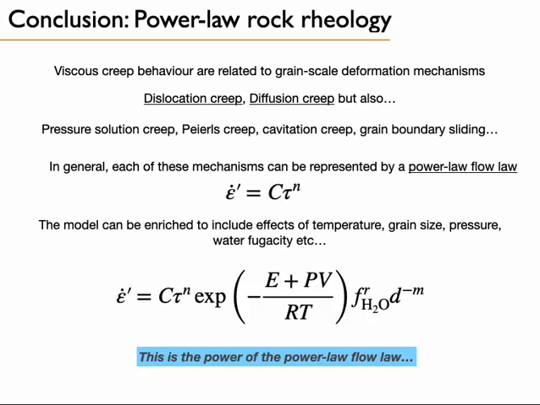So as a conclusion, viscous creep is related to grain scale deformation mechanisms such as dislocation creep or diffusion creep, but there could also be other mechanisms such as pressure solution, pores cavitation, and grain boundary sliding. But all of these mechanisms can be represented by a power law flow law, or even an effective power law flow law, as we did on the previous slide.